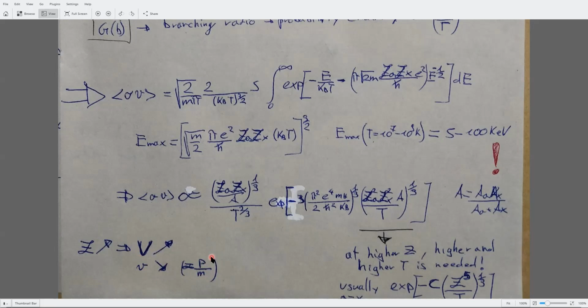So the heavier the ions are, the slower they are.